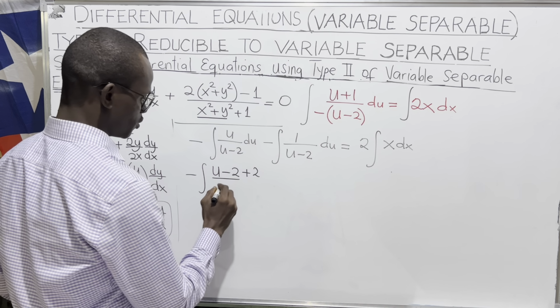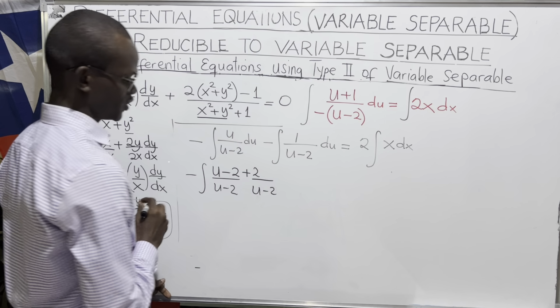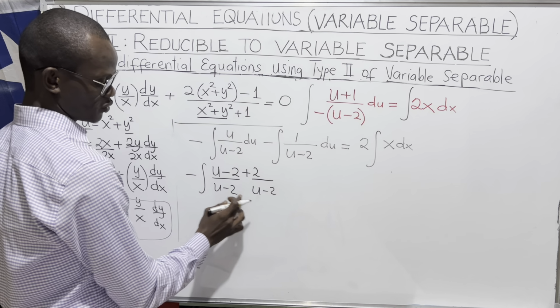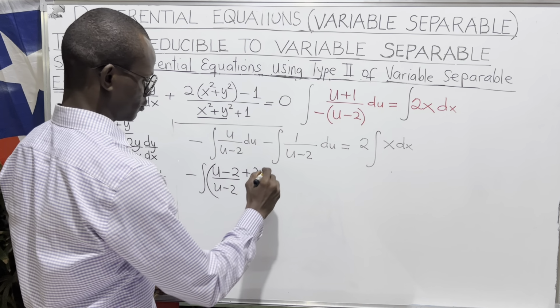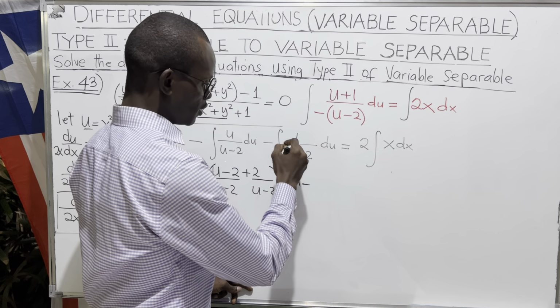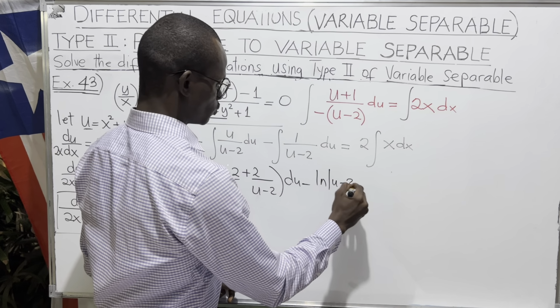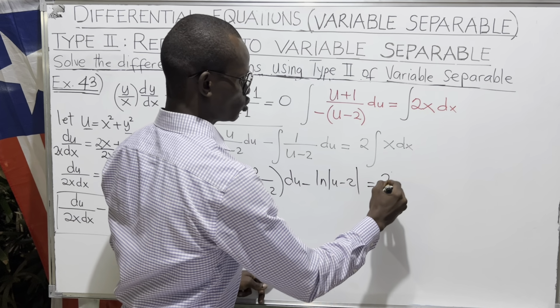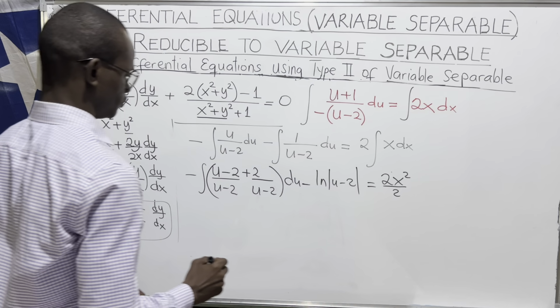So I divide this one over u minus 2, and then this one over u minus 2. You see that? So u minus 2, 2 divide u minus 2 du. The integral of 1 all over u minus 2 is just the ln of u minus 2 equals 2x squared all over 2, the integral of x.